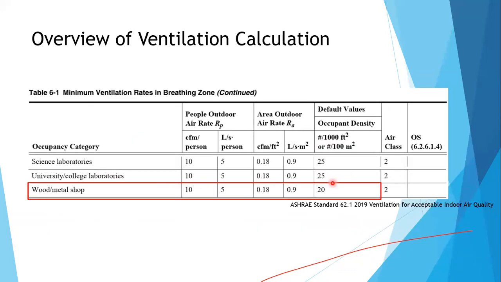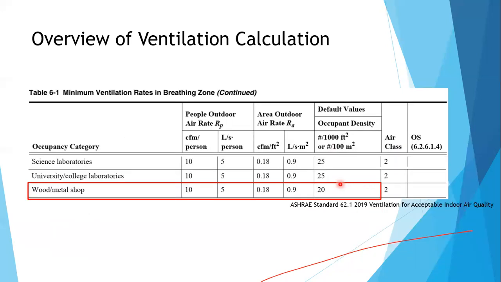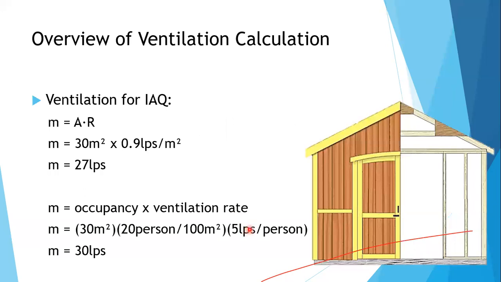For our occupancy, we had 20 people per 100 square meter space. So that's 20 people per 100 square meter, multiplied by our floor area, 30. So we will have an estimate of how many people are inside this area, times 5 liters per second per person.